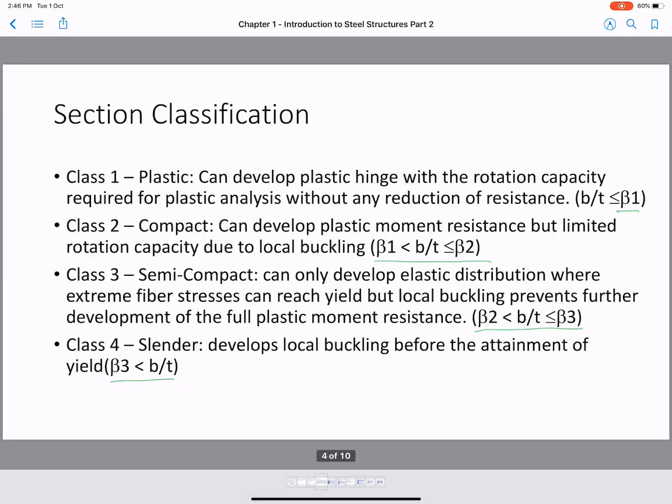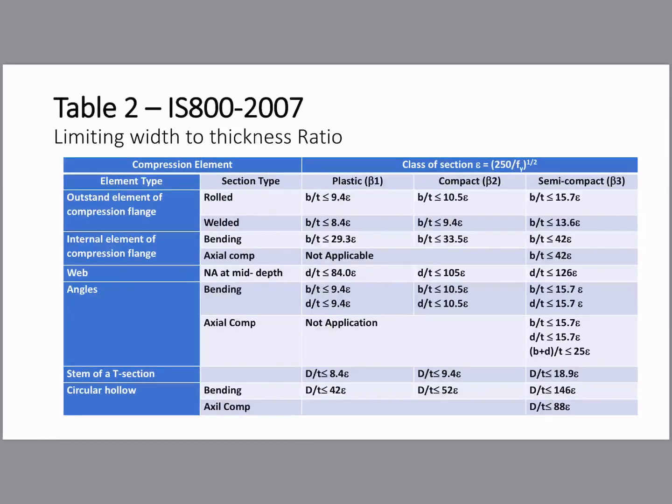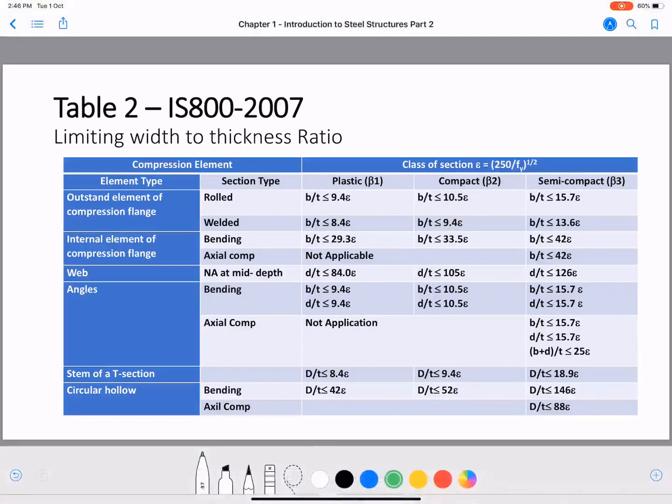So what are beta 1, beta 2 and beta 3? IS 800 code, Table 2 and clauses 3.7.2 and 3.7.4, gives more detail about section classifications based on outstand element or internal element. If you look at the code book, you can see there are outstand elements and internal elements, web elements, angle sections and so on. For the plastic section, beta 1 is given, for the compact section beta 2 is given, and for semi-compact, beta 3 is given.